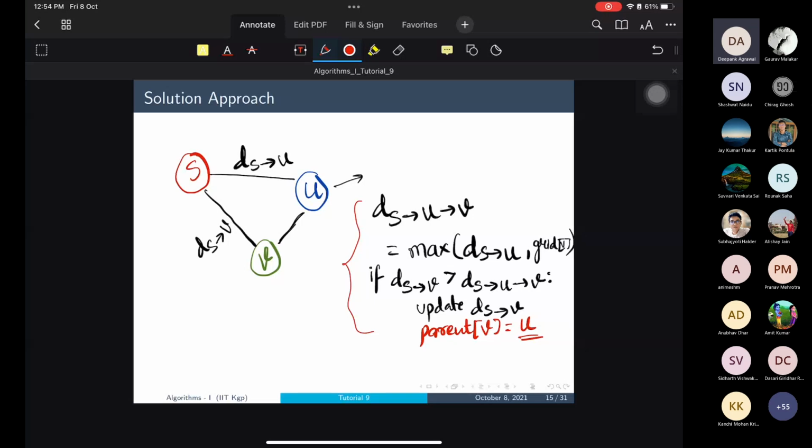This is the main part of Dijkstra: you just got a particular node into the visited set and now you want to update the distances for its neighbors. That is the only part that you need to think about in Dijkstra. So this will be the update step of Dijkstra.